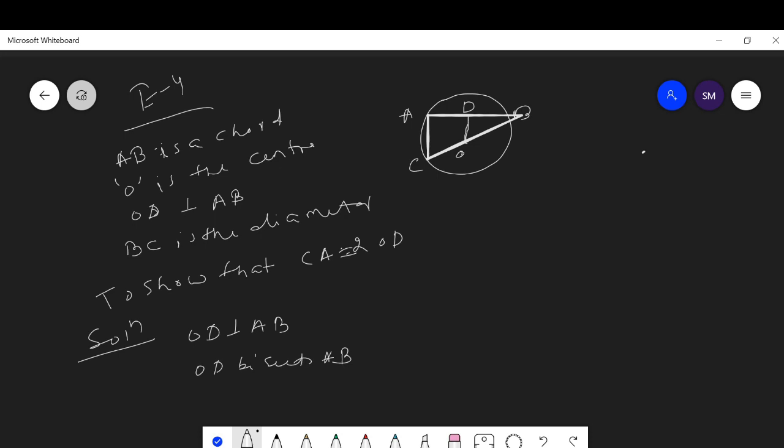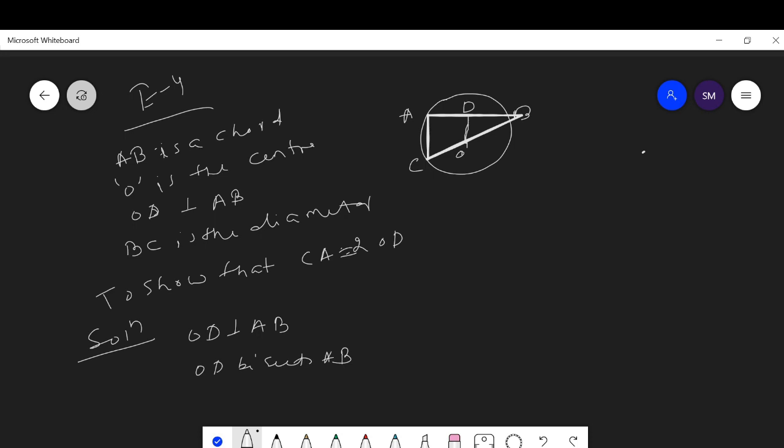And O being the center and BC the diameter, O is also the midpoint of BC.